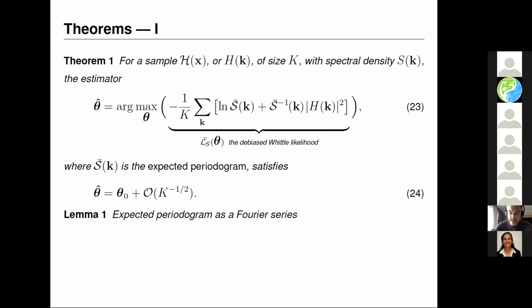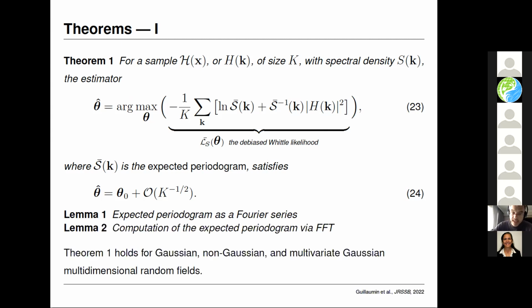One of them is that we need an efficient way of calculating this expected periodogram, and we can write it as a Fourier series. Then lemma 2 is that we can actually compute it using FFT, which is what gives us the K log K behavior. And then we show that theorem 1 actually does hold for non-Gaussian and multivariate Gaussian with appropriate corrections, multidimensional random fields. So that's the gory detail of theorem 1.